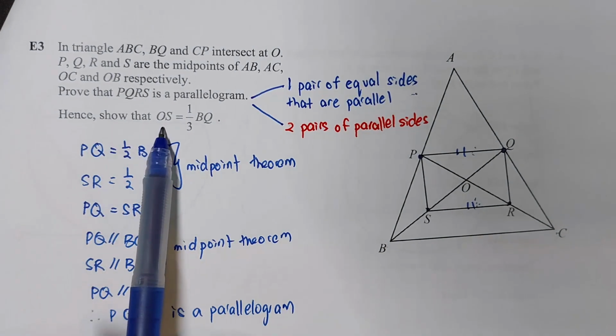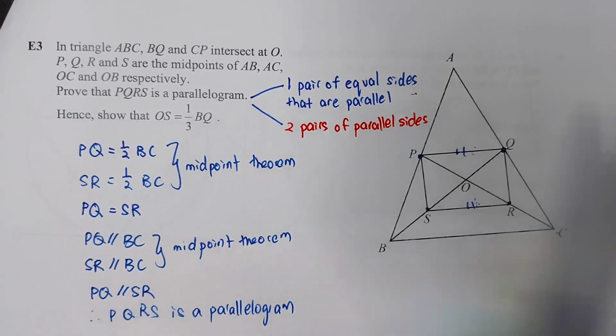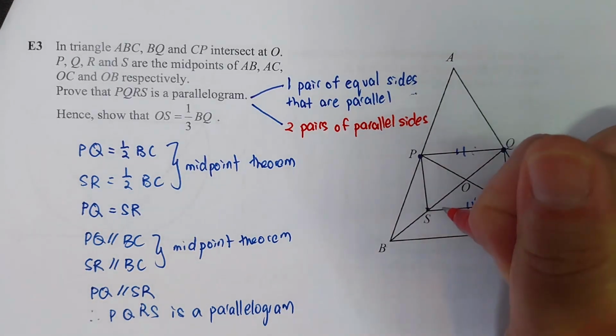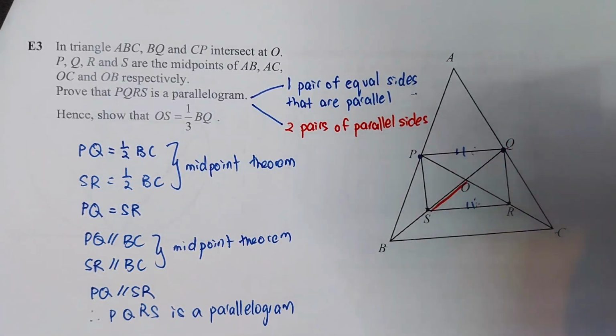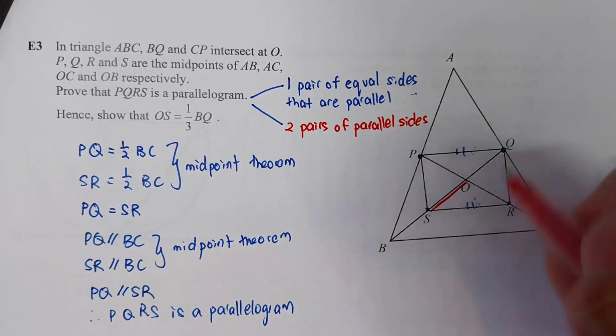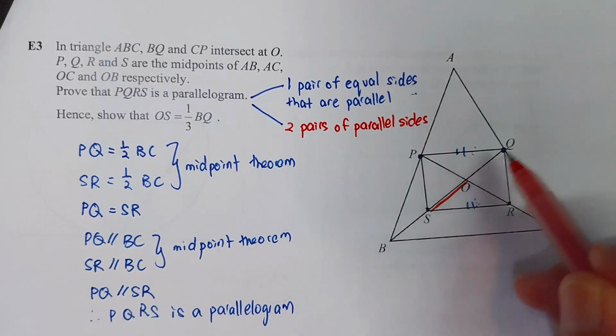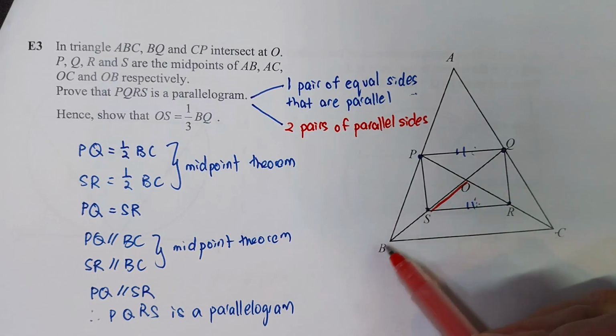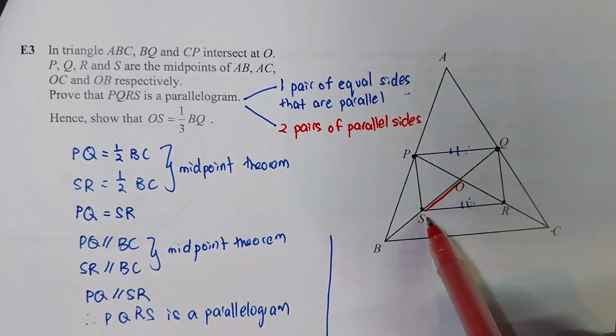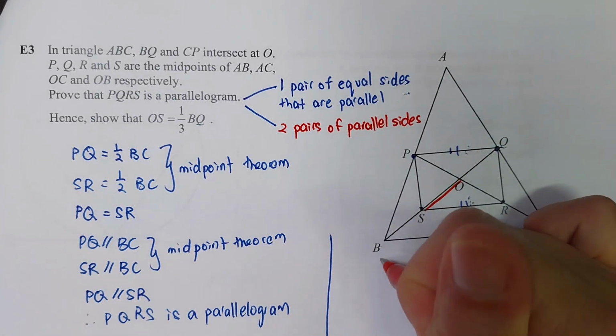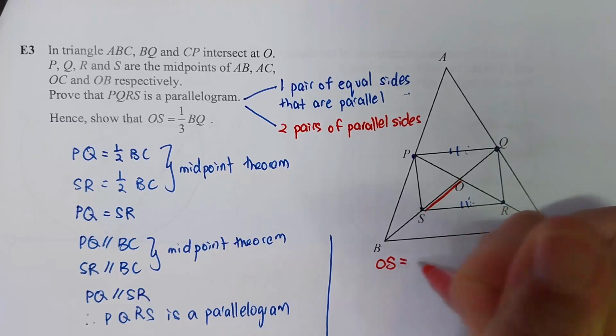Hence, we are asked to show that OS equals 1/3 BQ. So OS is here, and BQ will be the longer length. Since S is the midpoint, OS equals SB.